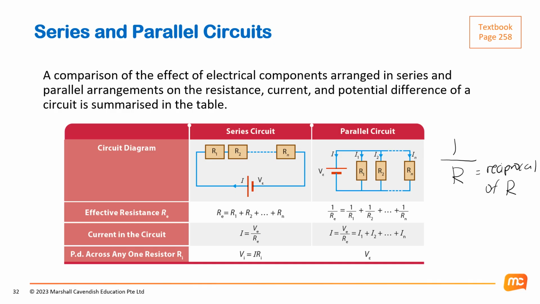Okay, current, because the current will be the same, I1 equals I2 equals I3. Any point of the current for series is the same, but for parallel, the sum of the current in each of the branches is equal to the total current. And lastly, PD. PD will be VE equals V1 plus V2 plus V3 if they were in the same series circuit, as compared to VE equals V1 equals V2 equals V3 for parallel.